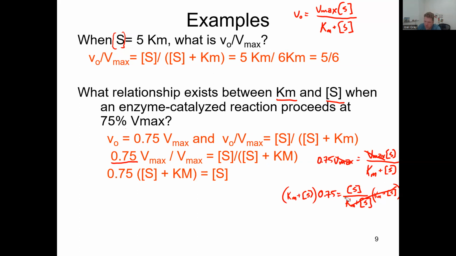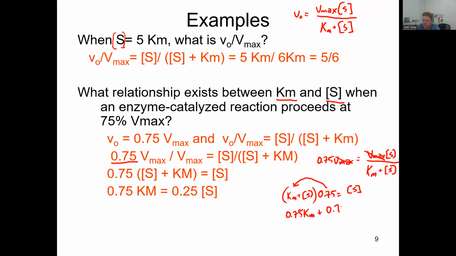I'm going to erase the work that I've done. And now what we're left with is distributing this 0.75. So we get 0.75 Km plus 0.75 substrate concentration equals substrate concentration.